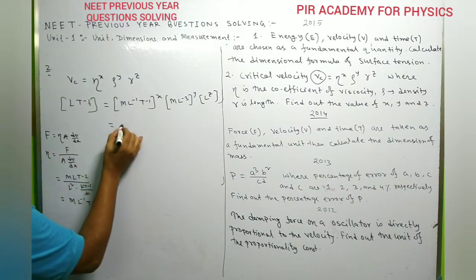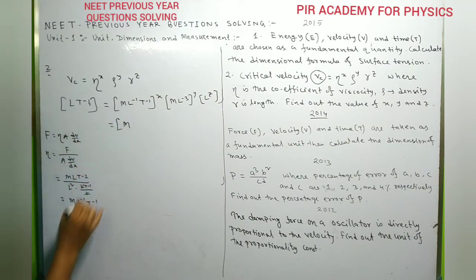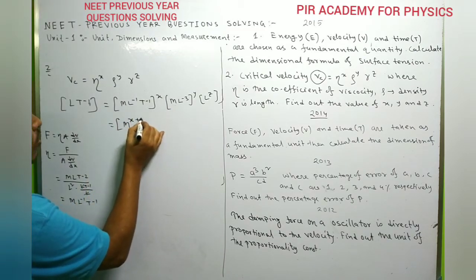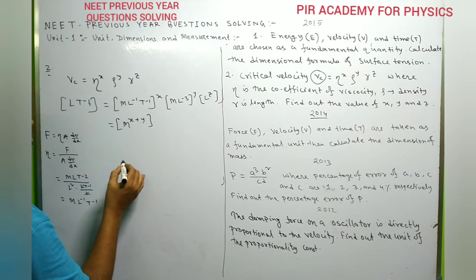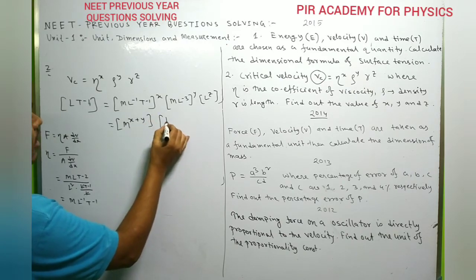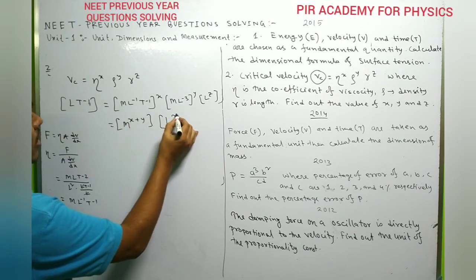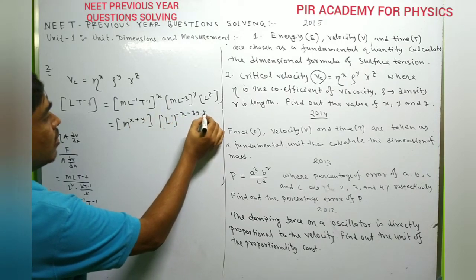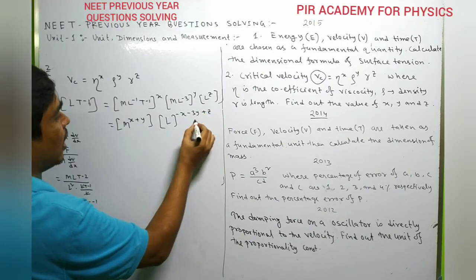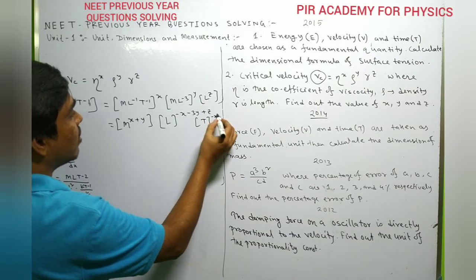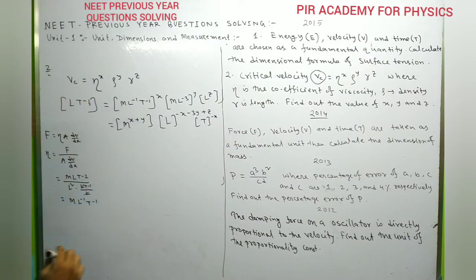So if I express in terms of mass, it will be M to the power x plus y, and L to the power minus x minus 3y plus z, and T to the power minus x.